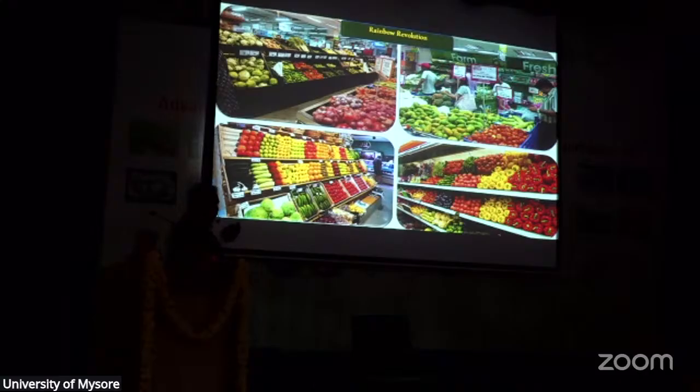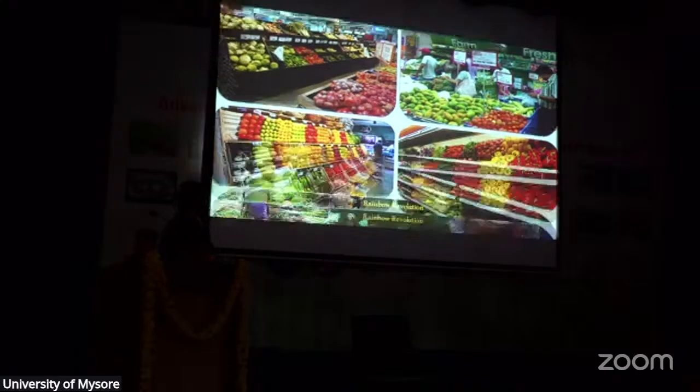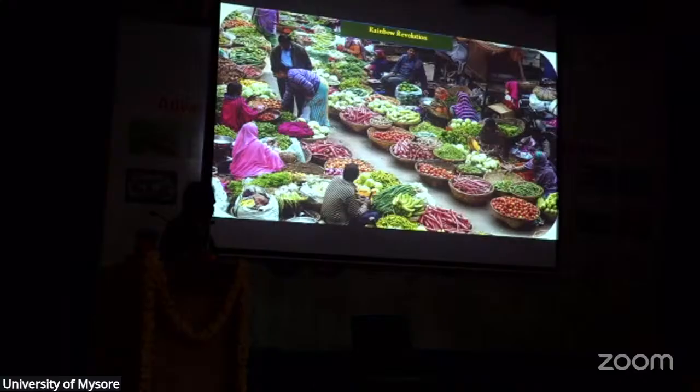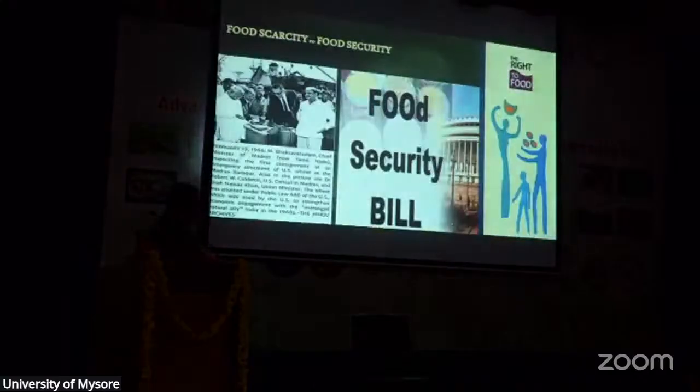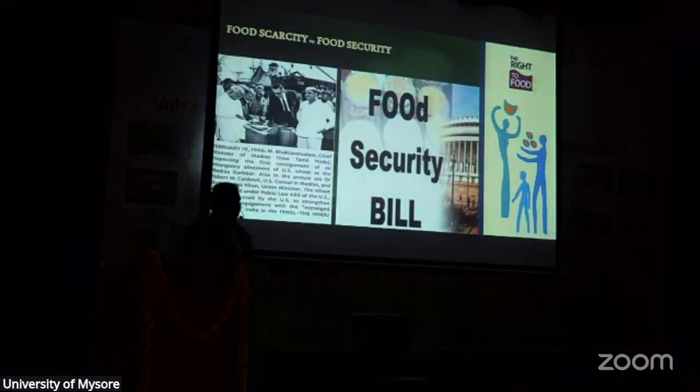Even in meat production, egg production, milk production, we have been able to reach very high production. It's a rainbow revolution because you can see all the colors of the rainbow, not only in the supermarkets, but even on the streets, this kind of availability of varieties of food. And it is able to feed more than 140 crore population of our country.